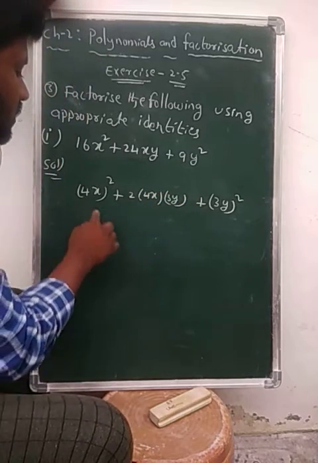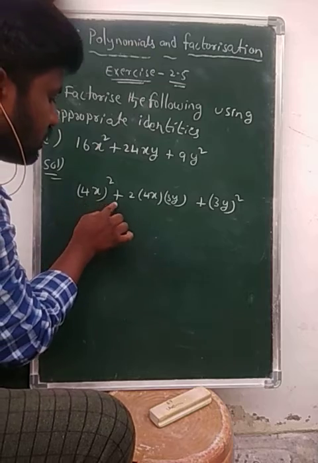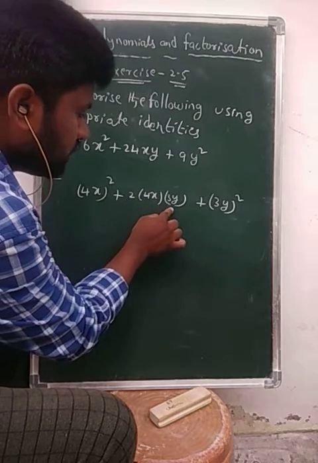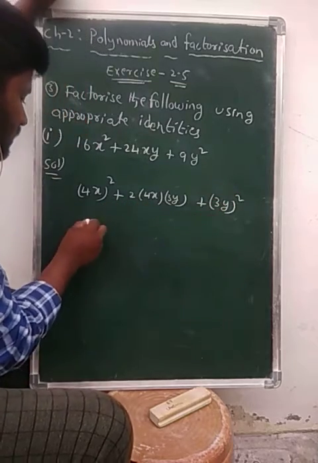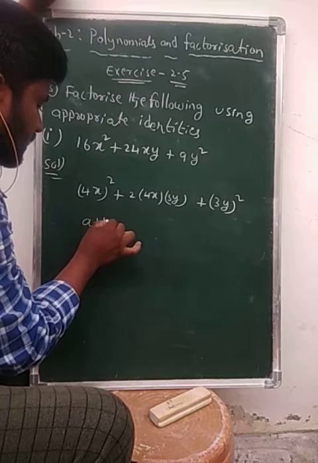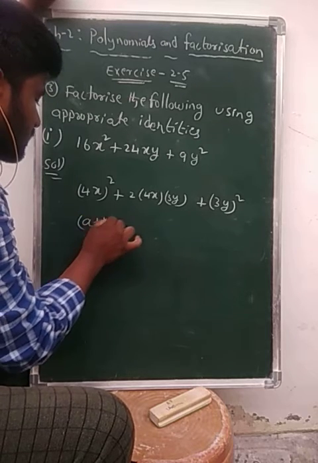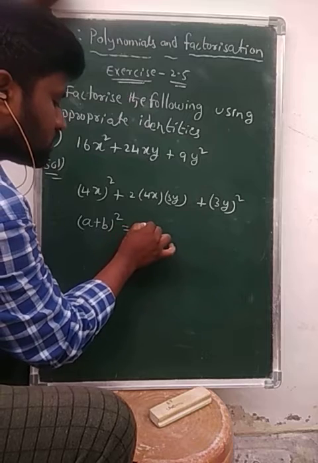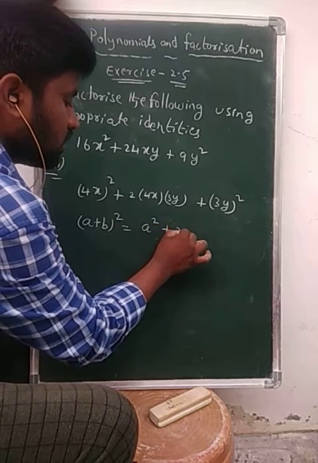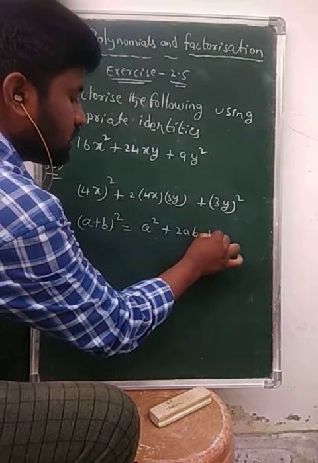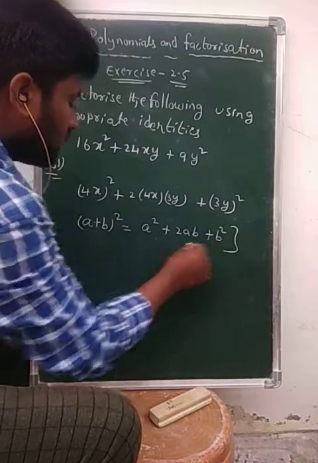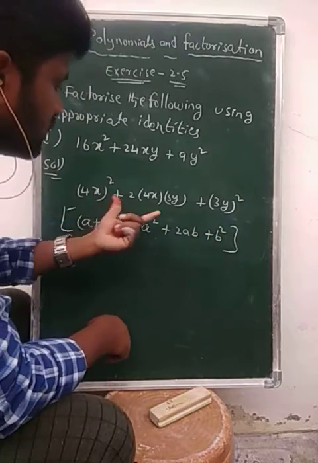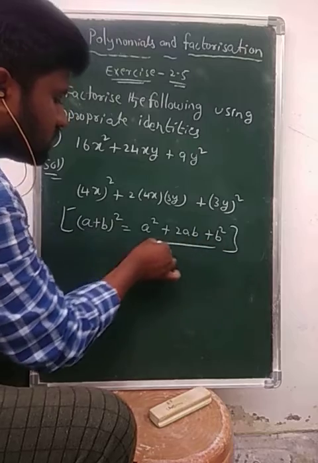So it is in the form of a square plus 2ab plus b square. What is the required identity? A plus b whole square is equal to a square plus 2ab plus b square. So the given expression is in the form of the RHS.